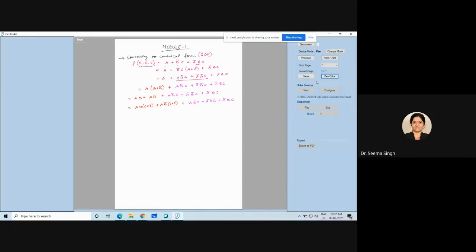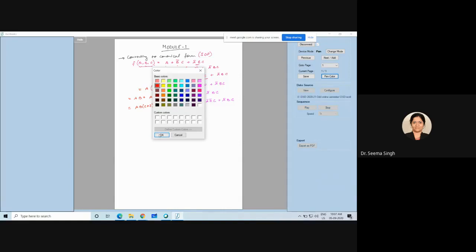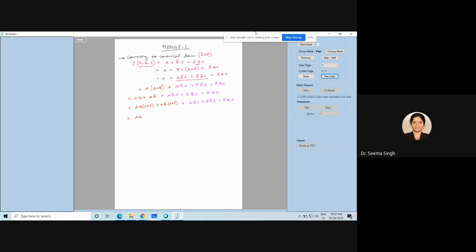Now, when I make it in final form, my last term will come all in the canonical form or min term form. So A, B, C bar. Now this one, A, B bar, C plus A, B bar, C bar, right?